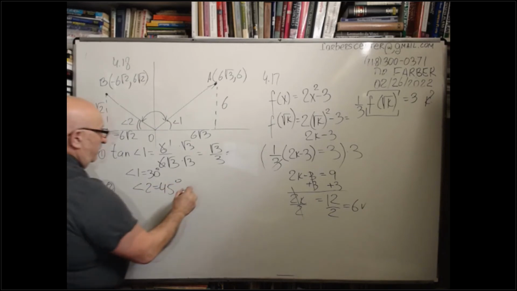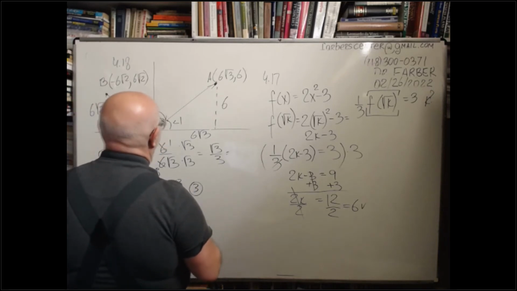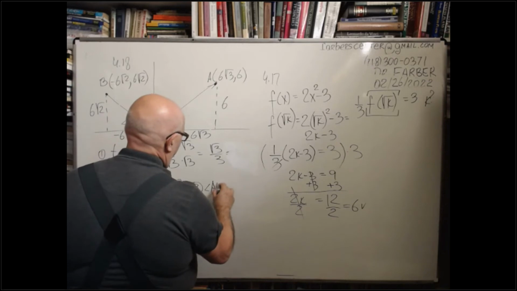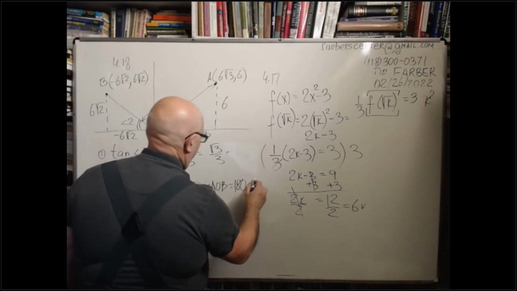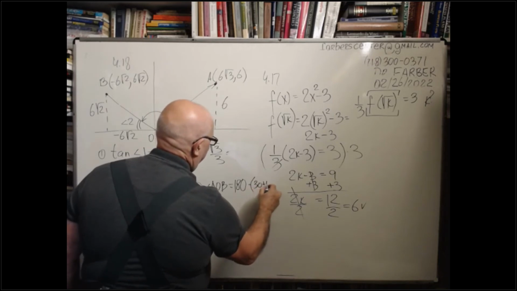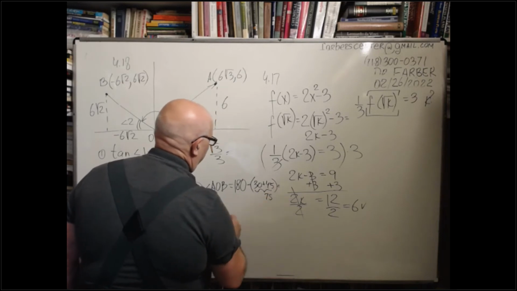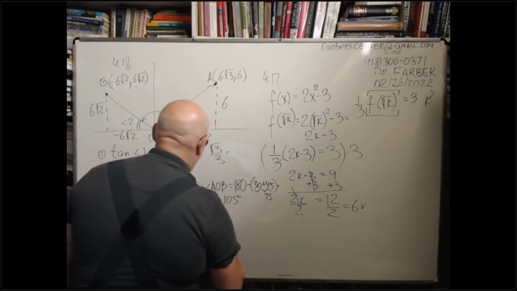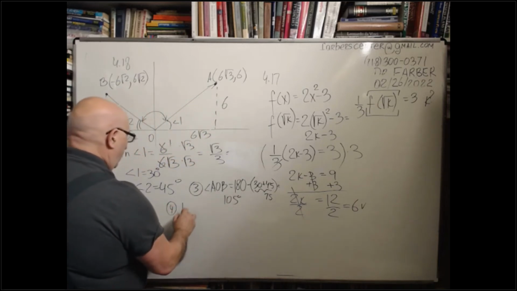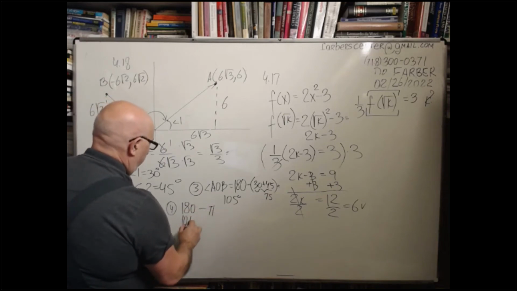Step number 3. Angle AOB equals 180 minus (30 plus 45), which is 75. 180 minus 75 is 105 degrees. And the very last step, step number 4: 180 is pi radians. 105?